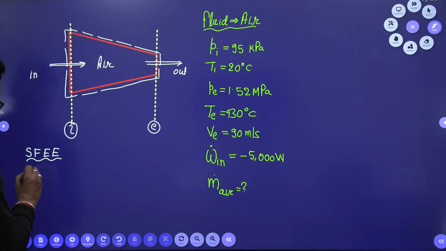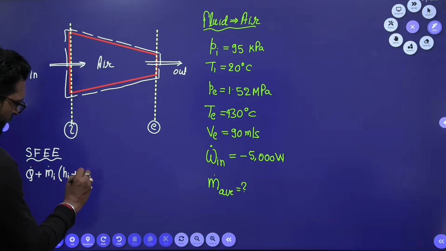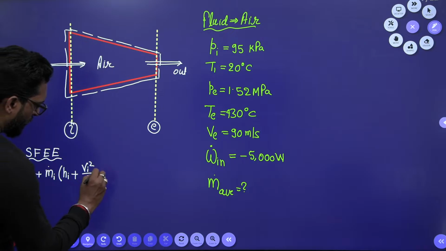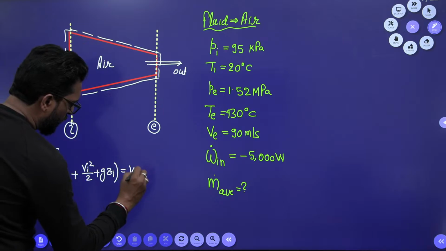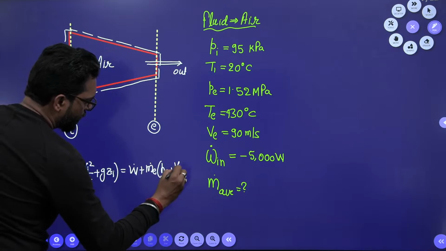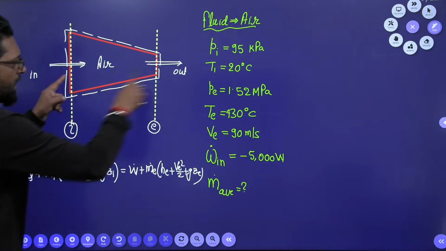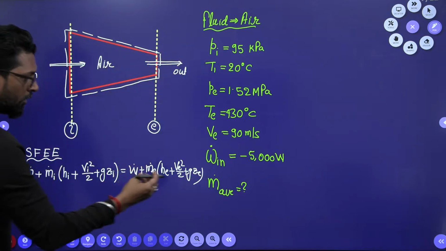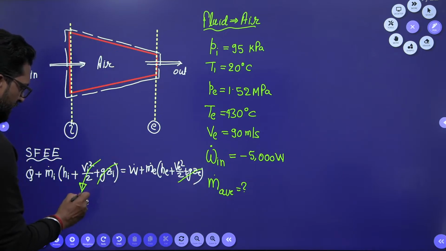Heat transfer Q dot plus m dot times (hi plus Vi square by 2 plus Zi) is equal to W dot plus m dot times (he plus Ve square by 2 plus Ze). Now, my dear, same horizontal level, so the potential datum is negligible. The inlet velocity is negligible.